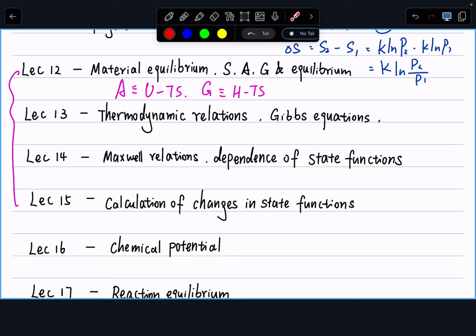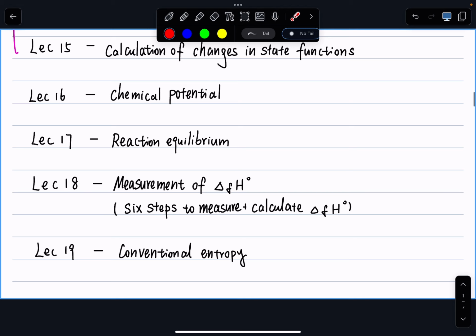After 13, 14, and 15, we then move away from equilibrium to focus on positions that are prior to equilibrium. In that case, we introduce the idea of chemical potential. So when we say chemical potential, what are we saying? What we have here is mu_i^alpha.